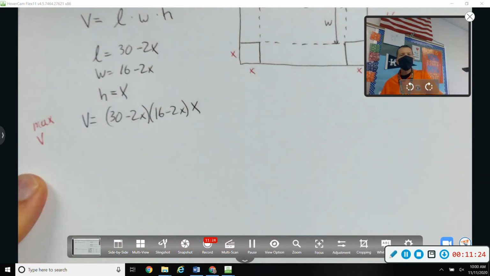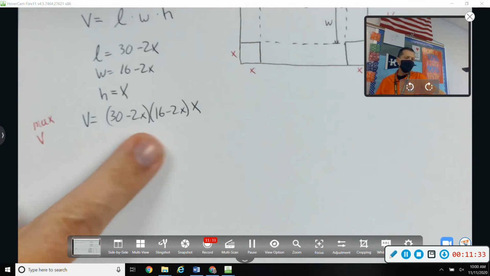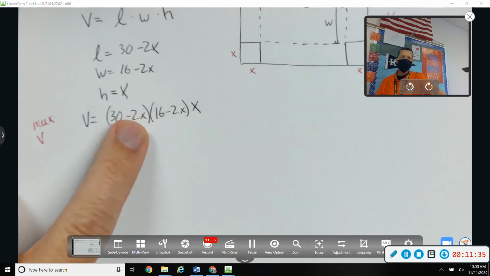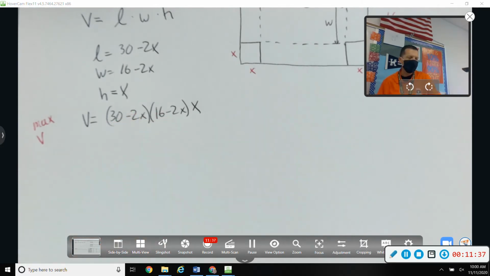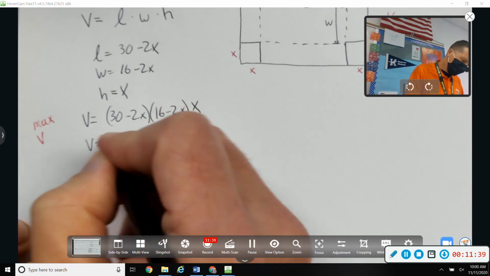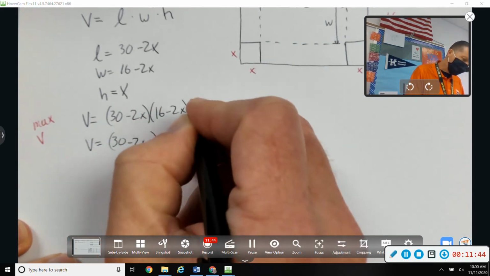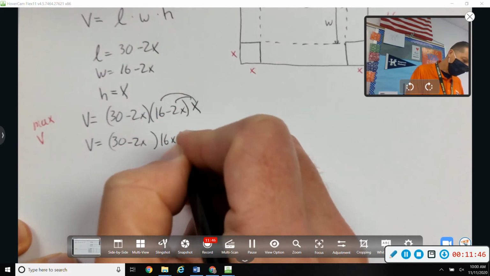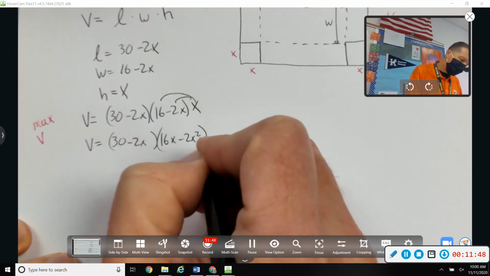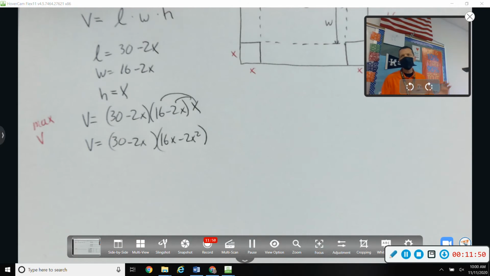If I want to maximize volume, I need to take the derivative of volume and set it equal to 0. I don't want to take the derivative of it right now because that would be awful. Product rule, but twice. Let's multiply this out. So I'm going to distribute the x to one of them, not to both of them, because then that would be multiplying by x squared.